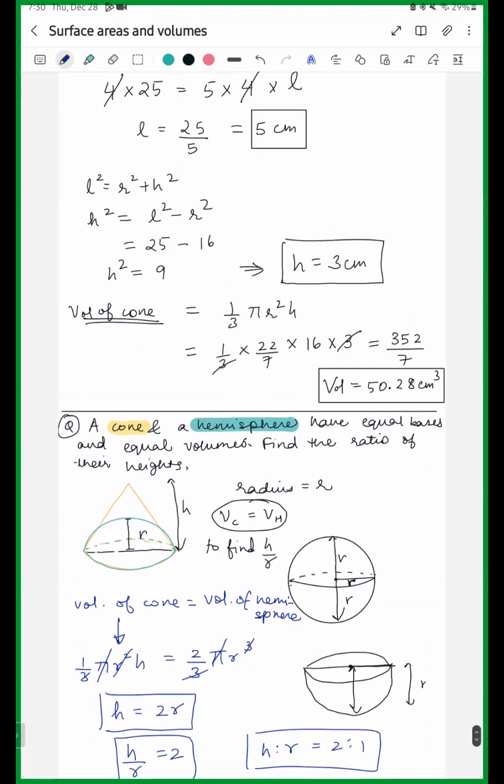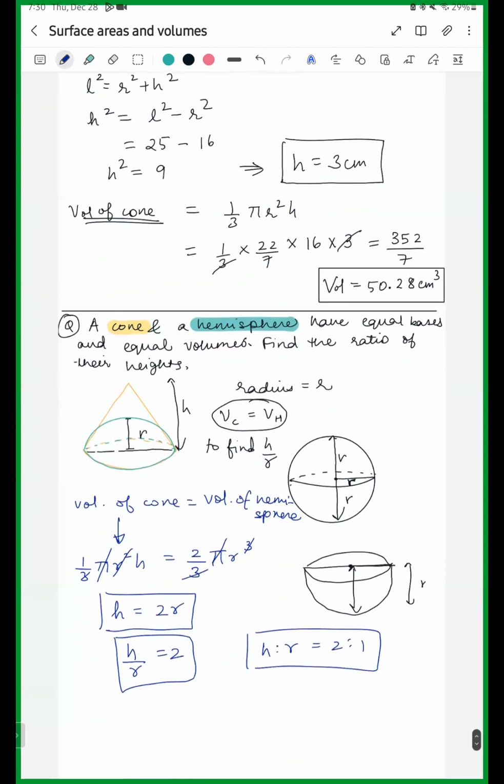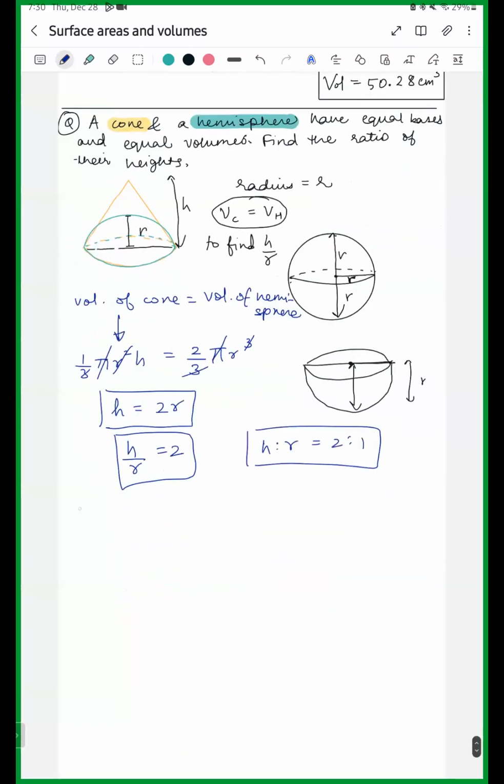Ma'am, I just wanted to inform you that this coming Wednesday I have my maths exam. Okay, please tell me the syllabus of your test or exam. Triangles and quadrilaterals. Yatika, right? Yes, ma'am.